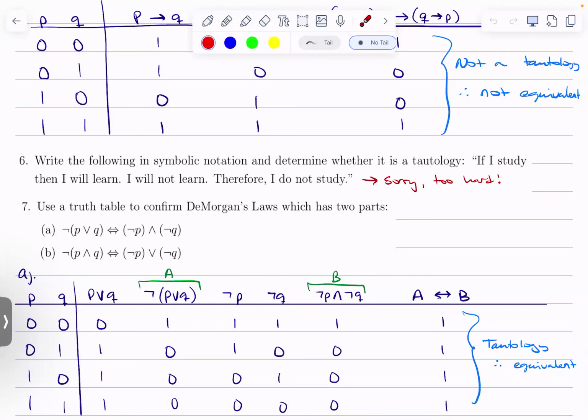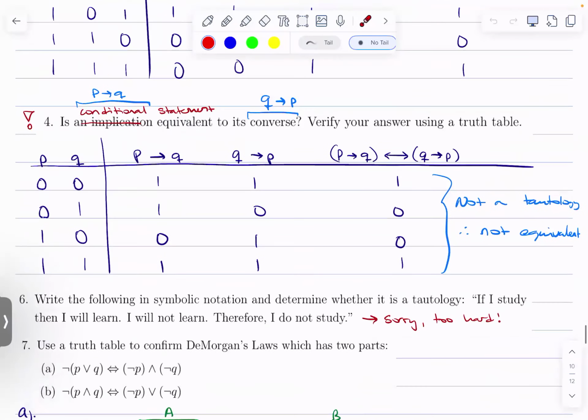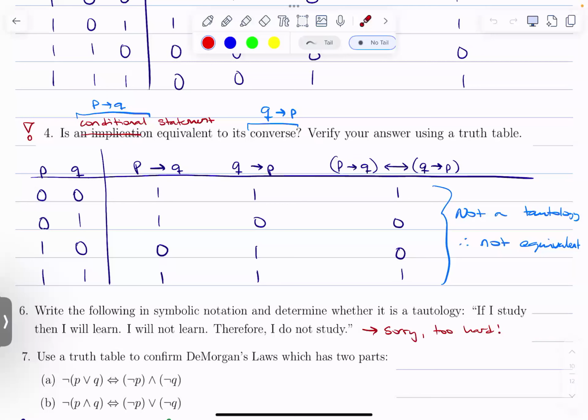And there was another issue, not a typo, but I took it from a different textbook and they use different words. So number 4 should read, is a conditional statement, using the terminology that we were using, equivalent to its converse? Making it a lot easier. So only simplifying, not making it harder.